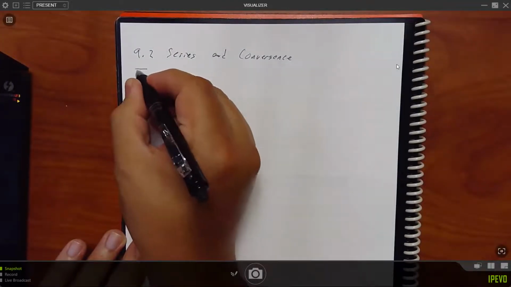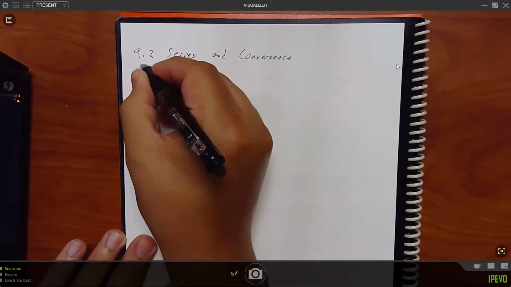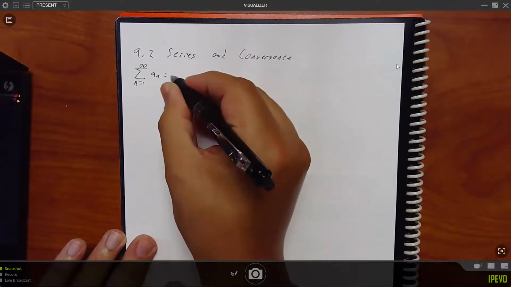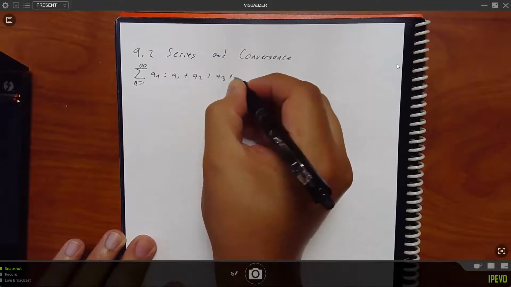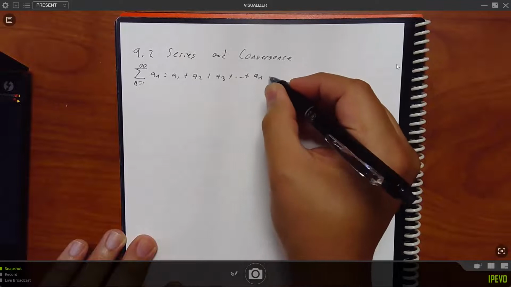The sum of a_n is equal to a1 plus a2 plus a3 plus, up to a sub n, plus and so on.